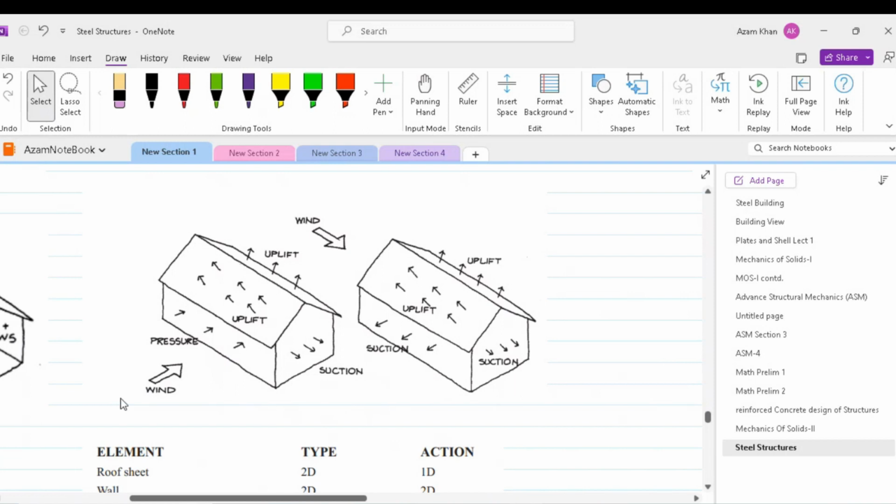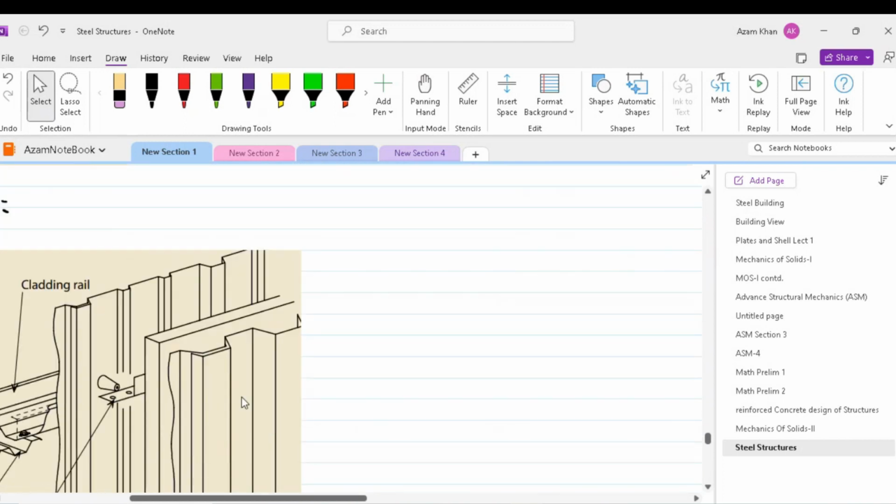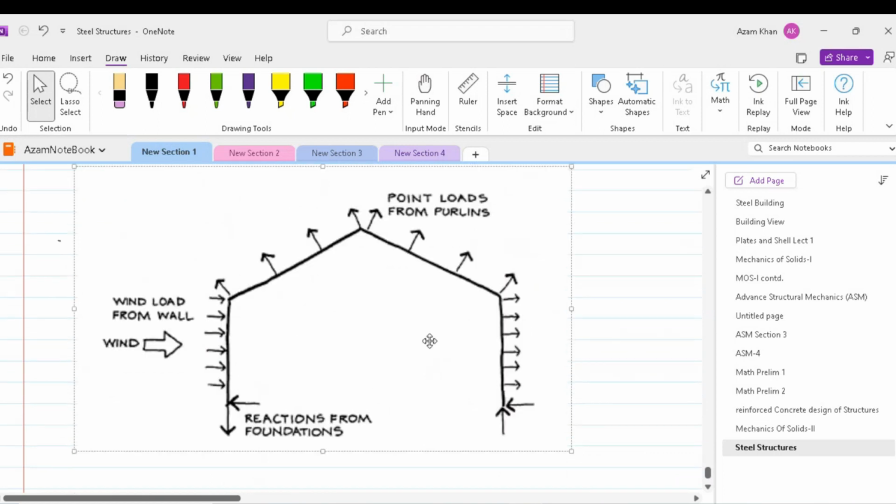The lateral load is transferred to the portal frames via the roof and the wall systems. If we consider wind load as a lateral load applied to the structure, we will have load developing at the roof sheeting and the side walls, and these loads will be directly transferred to the portal frames.